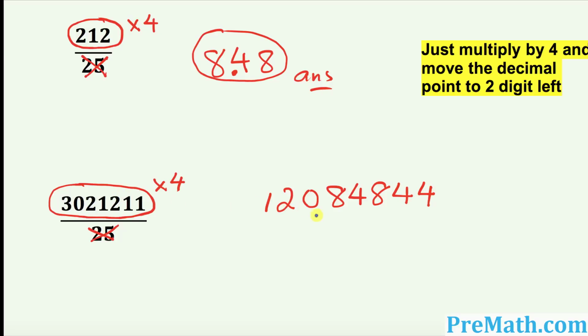So that's a big number, isn't it? So now, once again, I want you to move your decimal 2 digits to the left. So it's going to show up right up here.